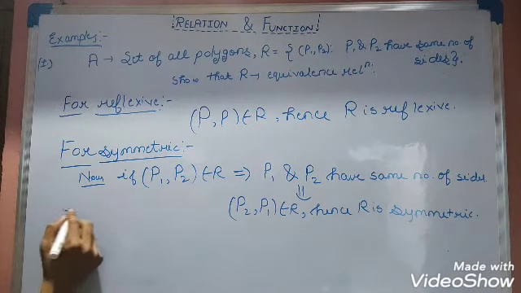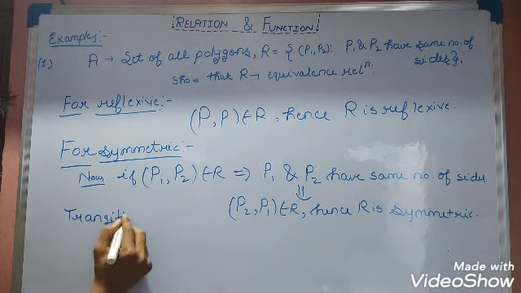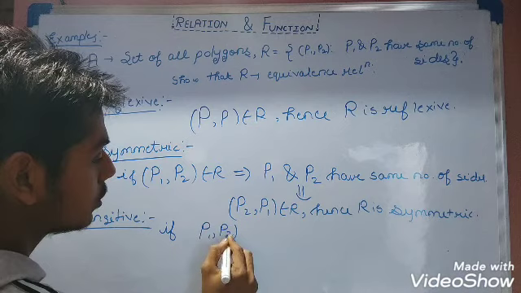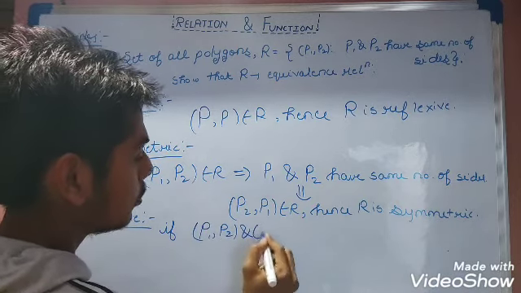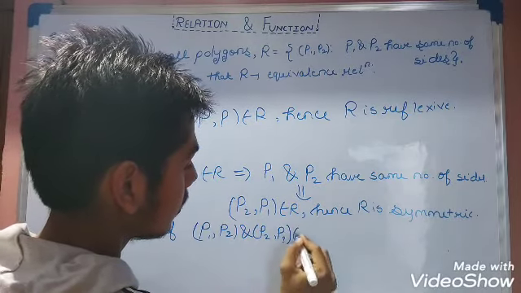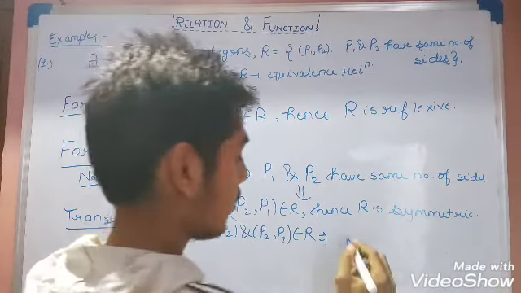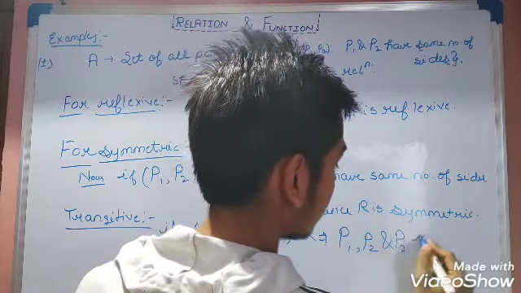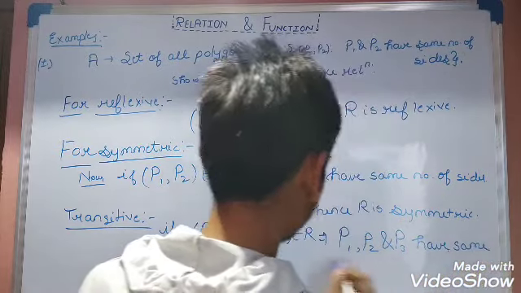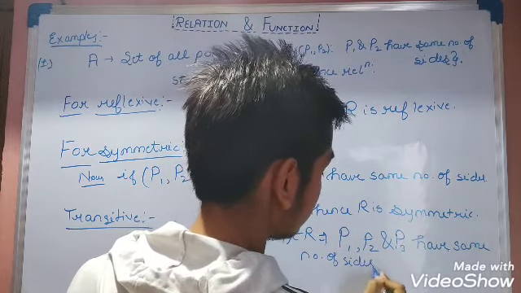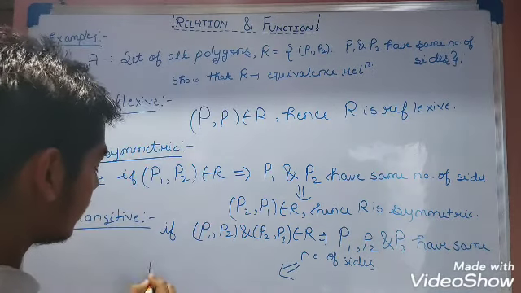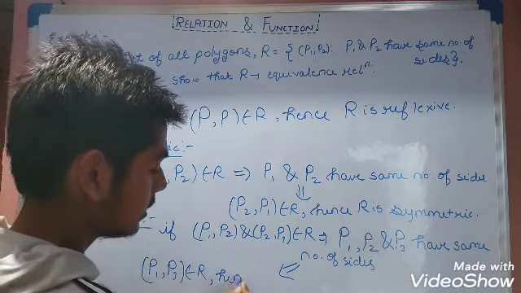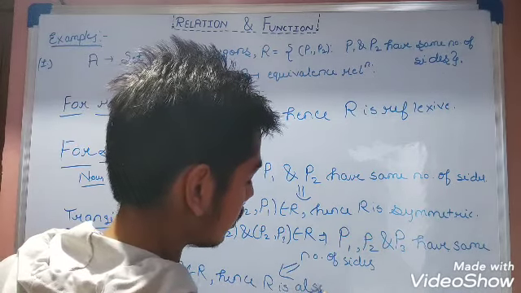Now let's check for transitive. If it is given that (P1, P2) and (P2, P3) belong to R, it implies that polygon P1, polygon P2 and polygon P3 have the same number of sides, which in turn implies that (P1, P3) belongs to R. Hence the relation R is also transitive.